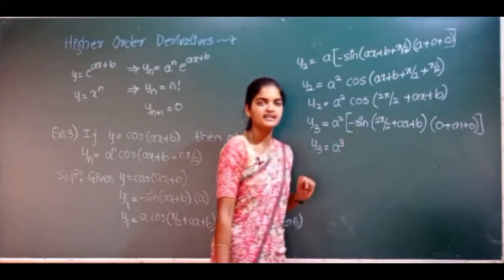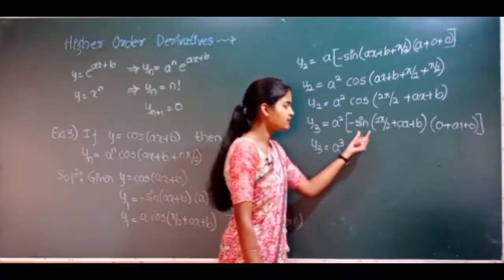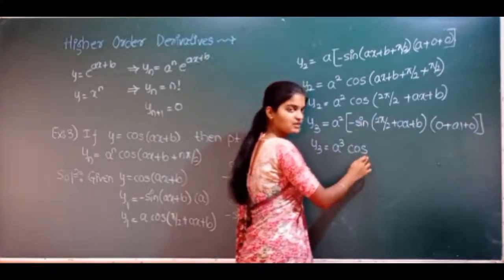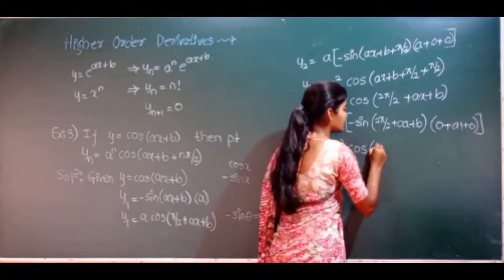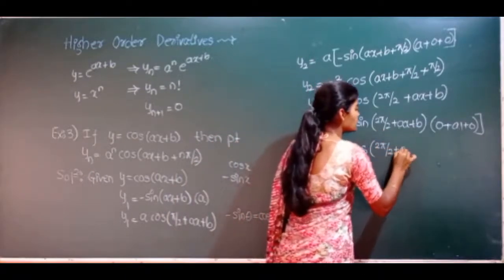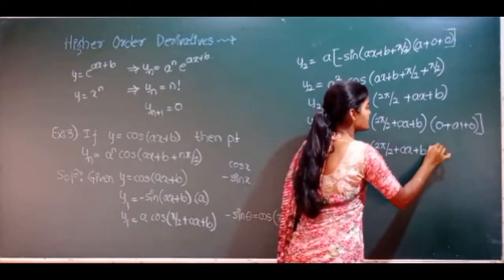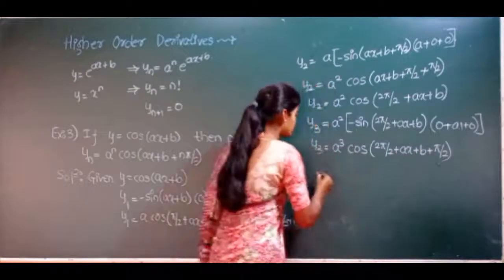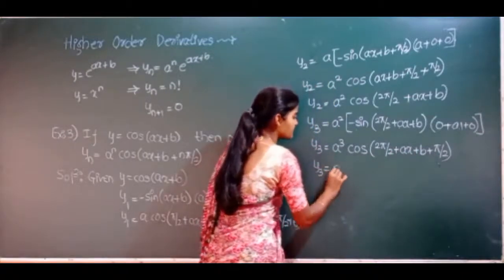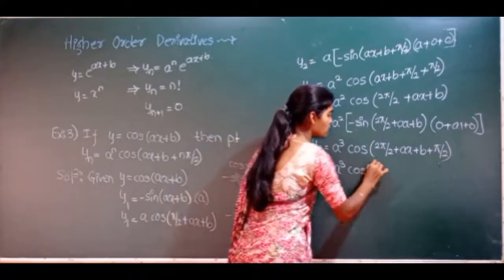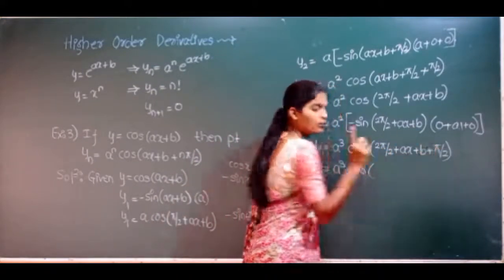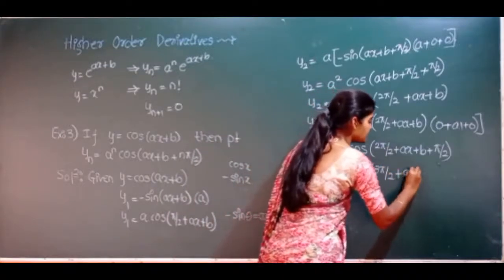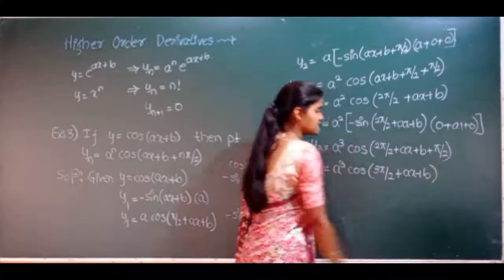Again minus sin theta is cos(theta + pi/2), that we will apply. Minus sin is cos, theta is this whole thing as it is, 2 pi/2 + ax + b, plus pi/2. Therefore, y3 becomes a cube cos(2 pi/2 + 1 pi/2, that I will write 3 pi/2, plus again ax + b as it is).